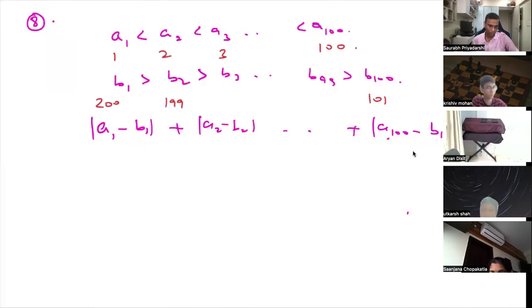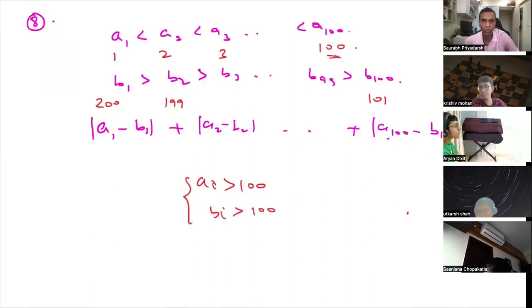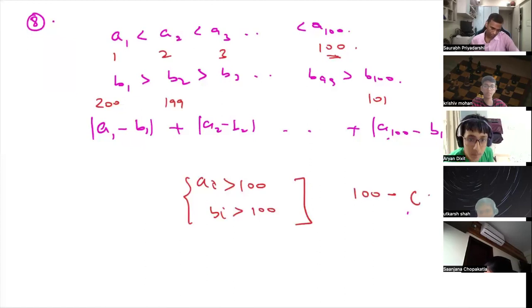If you assume any number where ai is greater than 100, and bi is greater than 100, both natural numbers, so the total number of numbers greater than will be 100 minus i minus 1 term plus the i term. So total will be 101.